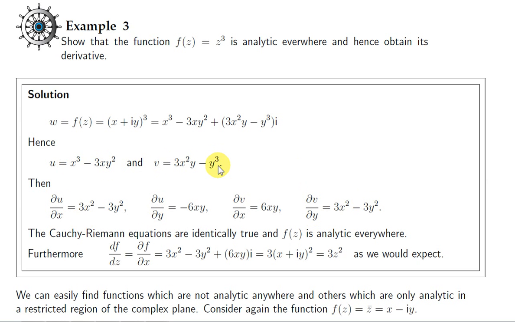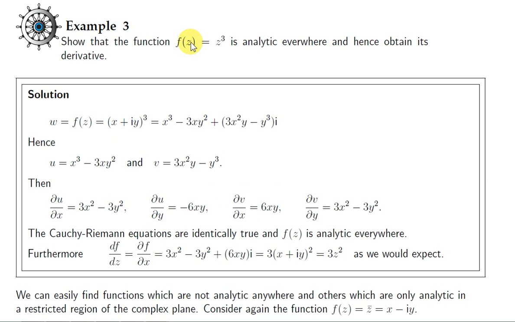And when we differentiate v with respect to x, y cubed goes to 0, and we get 6xy. So you see here that du/dy is minus dv/dx. So the second Cauchy-Riemann equation is true, and you can see that both Cauchy-Riemann equations are true for all x and y, for all points in the plane. So that tells us that our function is analytic everywhere.